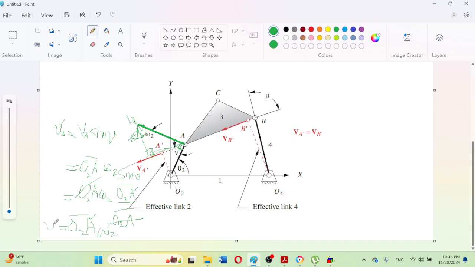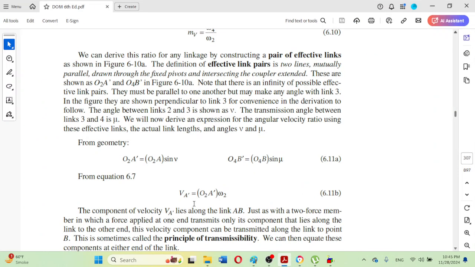In this way it has been proved that VA dash is equal to O2A dash omega 2.